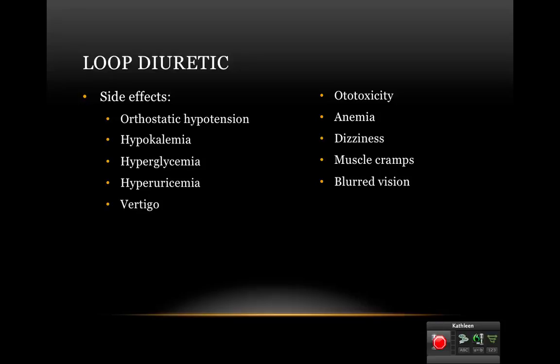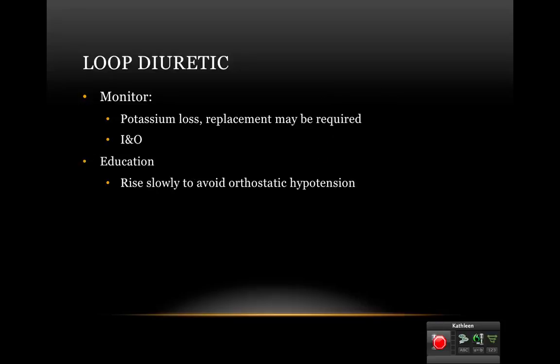Other effects are anemia, dizziness, muscle cramps, or blurred vision. You want to monitor potassium loss. Replacement may be required. If you're prescribing this, you have to watch their potassium, because they might need potassium supplements as well as the Lasix. You want to teach patients how to take their I's and O's and teach the family.